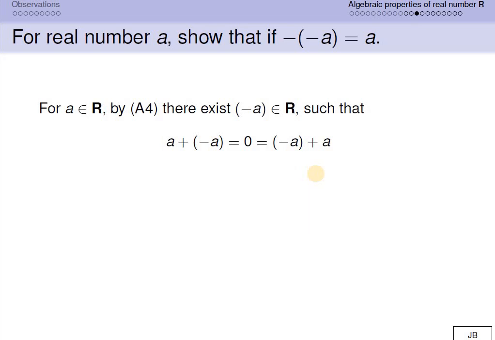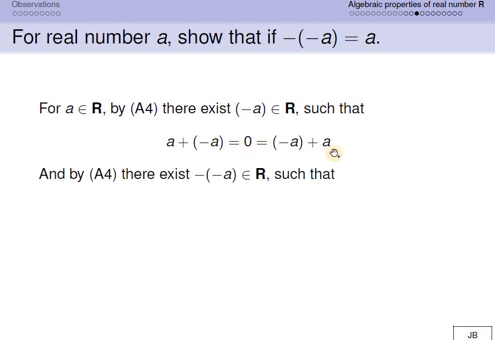Now minus of minus a equal to a. This result looks a bit complicated, but I'm sure you will understand this. For any real number a, by a4, existence of negative element, there exists minus a such that a plus minus a equal to 0, and minus a plus a equal to 0.